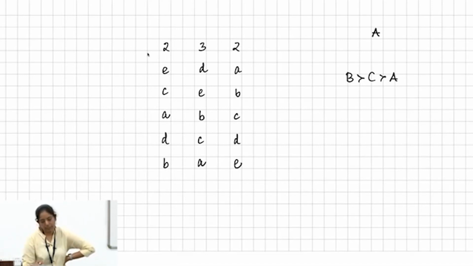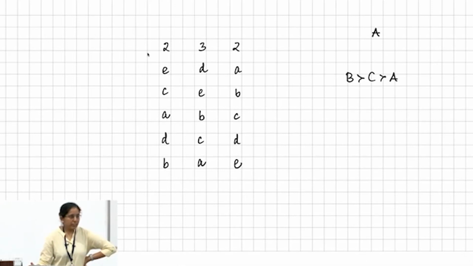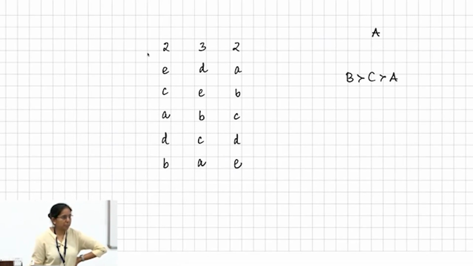For example, you cannot make B win by changing your preference. Is that clear? If you change your preference, if anything, you reduce B's plurality score, right? So you cannot make your favorite candidate win by changing your preference. So at best, what can you hope for?